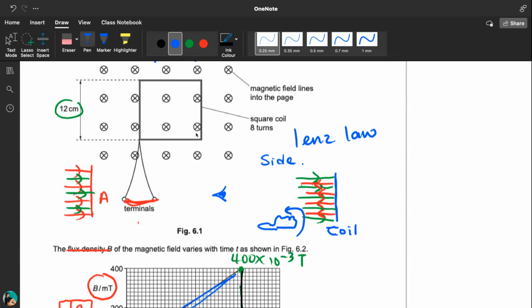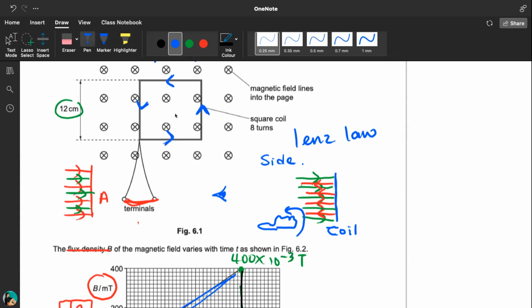It's going to be anti-clockwise like this. As you increase the flux intensity, the coil creates a field that counters that increase. So we use that field that the coil created to find the direction of the current. Okay, so the current is flowing in the anti-clockwise direction.